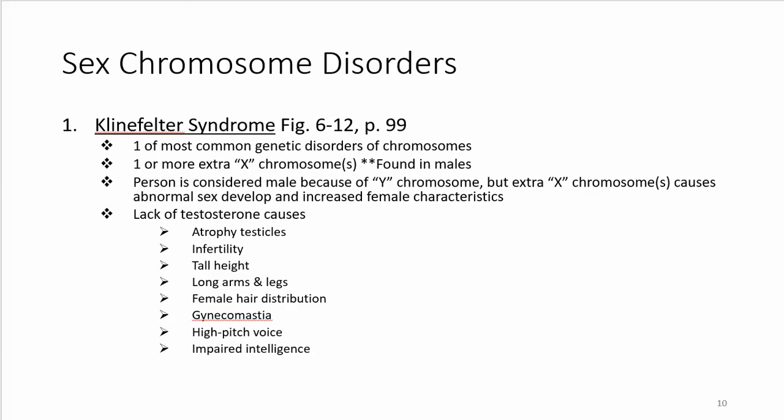So normally, if you're XX, you're female. If you're XY, you're male. But some people have two X's and a Y, so it'd be XXY. And this is Klinefelter's syndrome.